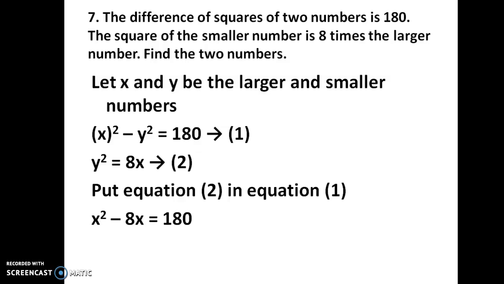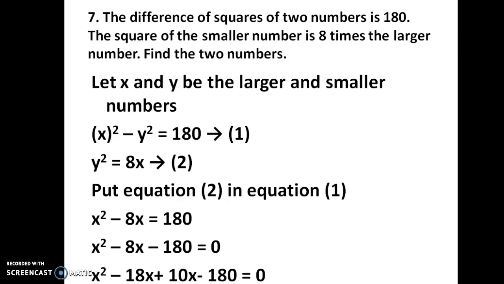Now you got all terms in the x variable only. In order to turn it into a quadratic equation, 180 is brought to the LHS, so it becomes minus. This middle term can be split into minus 18x and plus 10x.